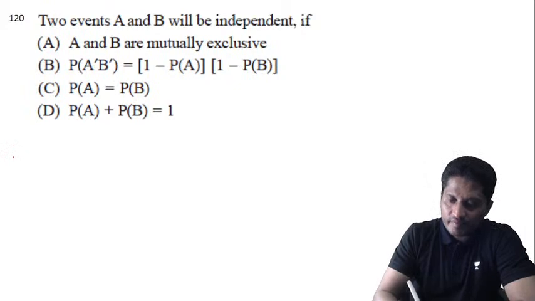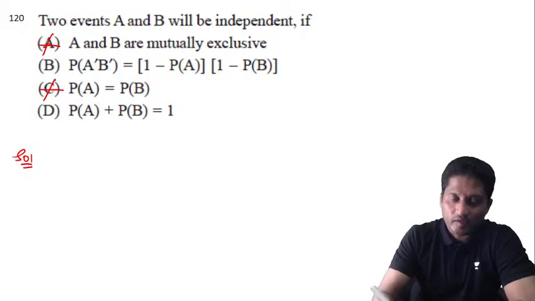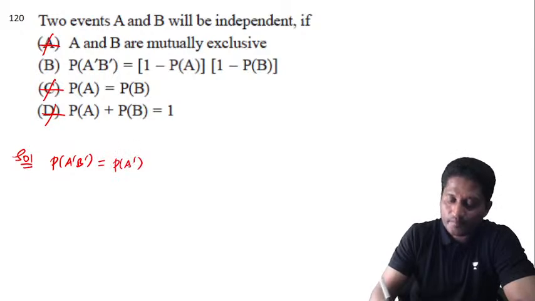Two events A and B will be independent. If they are mutually exclusive, not possible. P of A is equal to P of B, not possible. P of A, P of B is equal to 1 is not possible. But when you have A dash and B dash independent, this can be written as P of A dash into P of B dash.